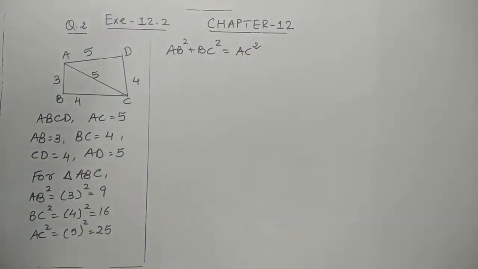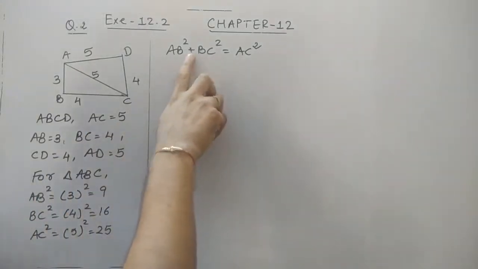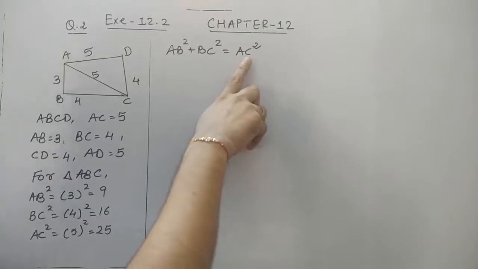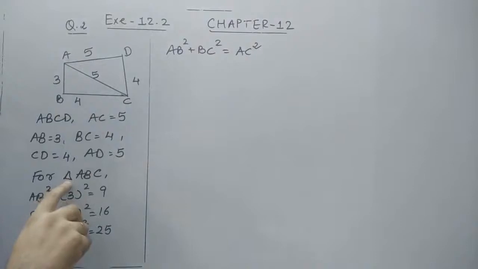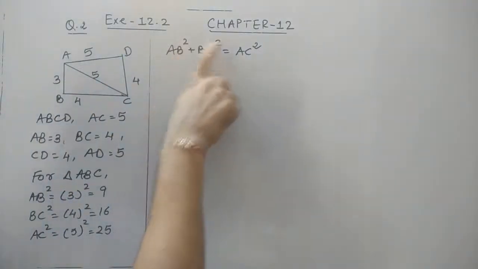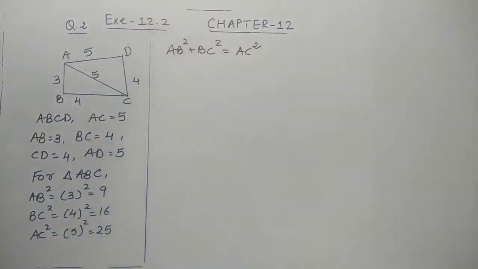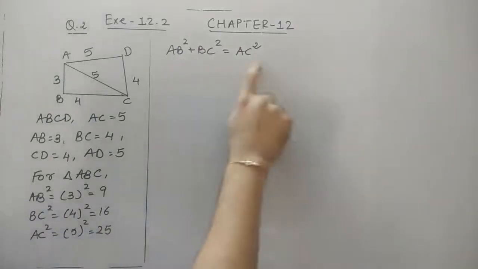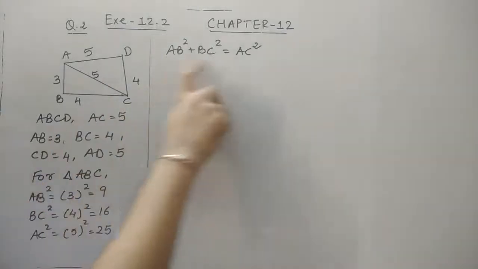So what I want to explain here is that for any triangle, whenever the sum of the squares of any two sides equals the square of the third side, we should confirm that this is a right angle triangle. That means triangle ABC is a right angle triangle.